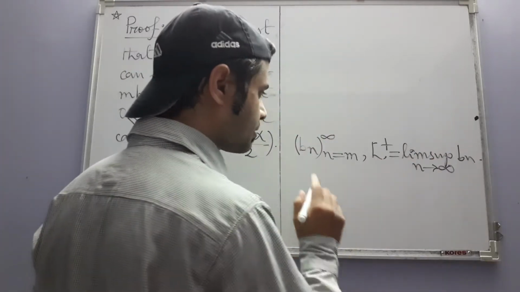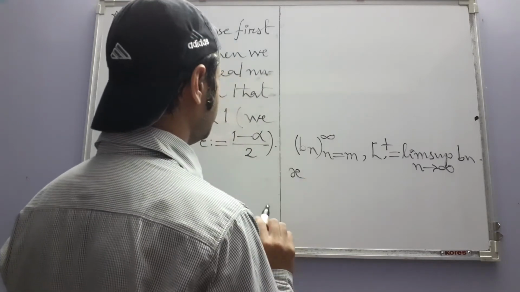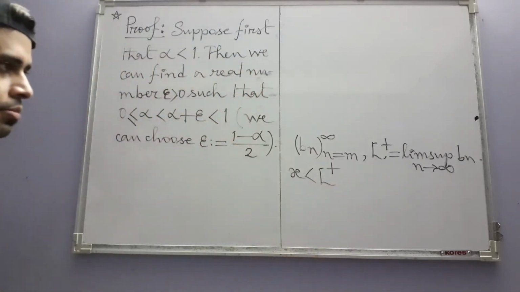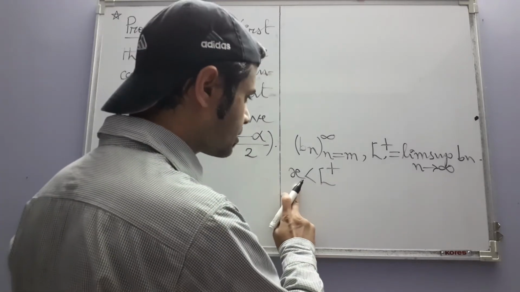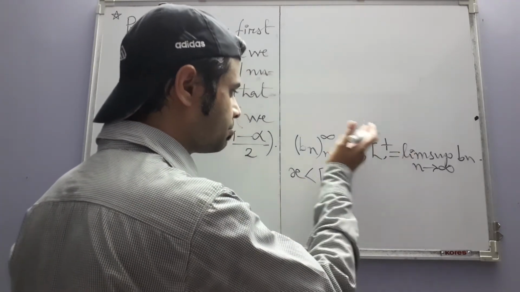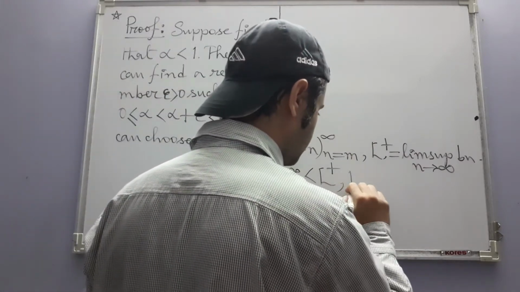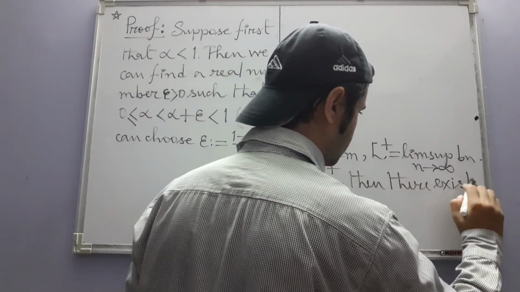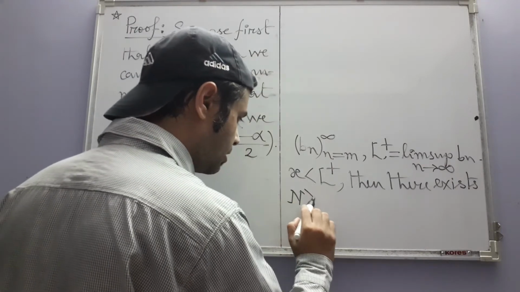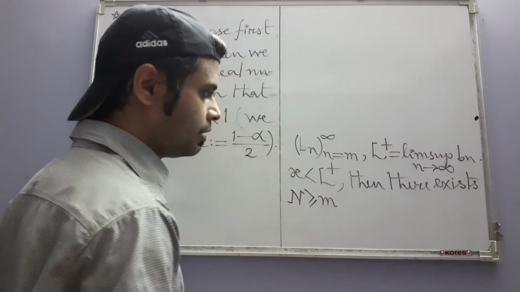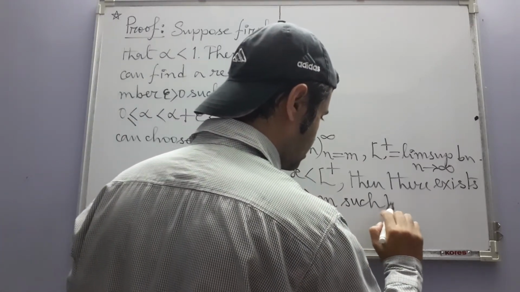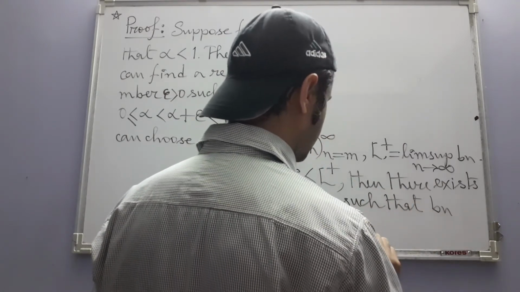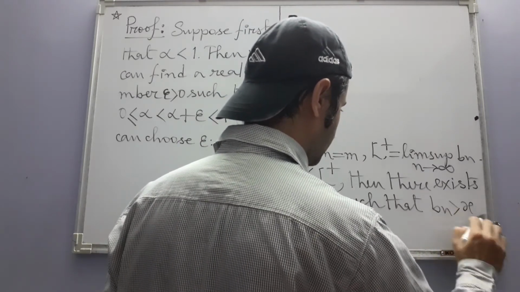Now if you have an extended real number x which is less than L plus, if you get an extended real number x which is less than the limit superior of this sequence, then there exists some integer n greater than or equal to this starting index m such that the terms of your original sequence Bn are all greater than x.